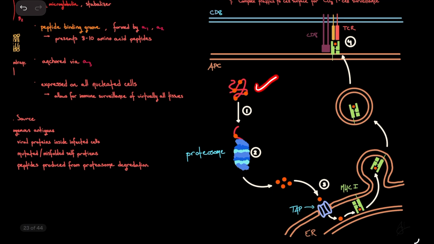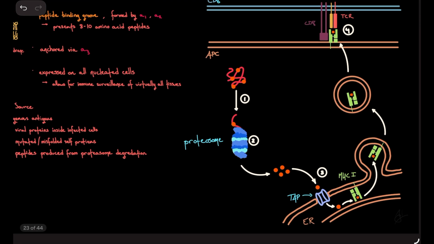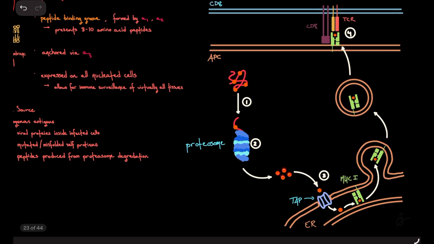Protein gets broken down into antigen-sized chunks. TAP brings it into the ER, the endoplasmic reticulum, and loads that antigen onto MHC1. MHC1 pinches off and assimilates with your cellular membrane.